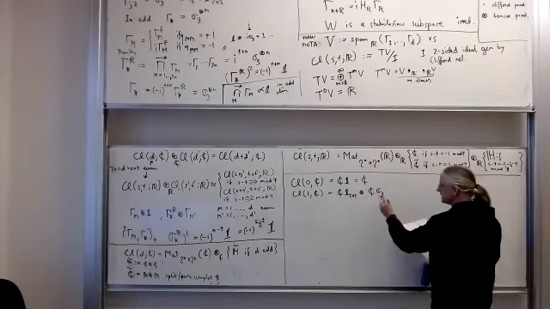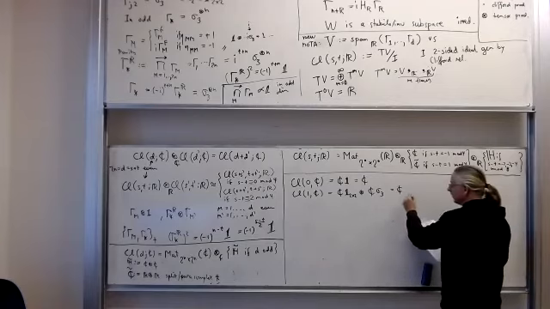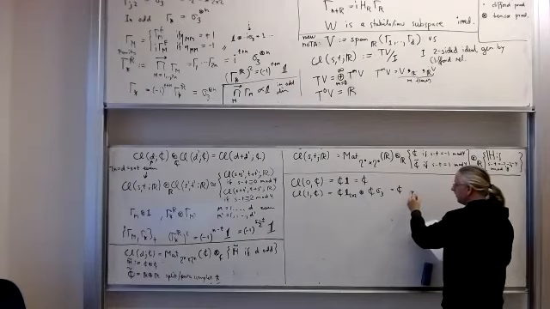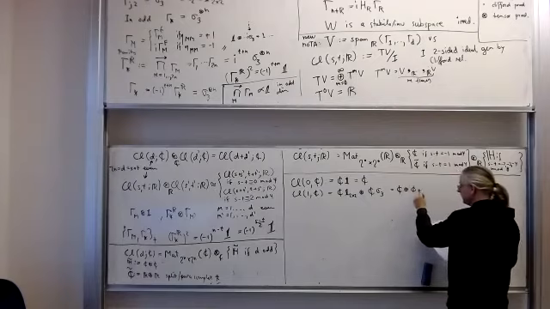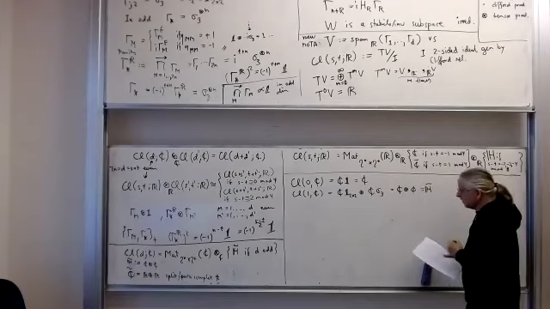And this is precisely two copies of C. So this is C plus C, which is what I would call H tilde.